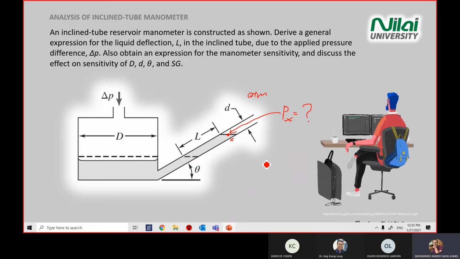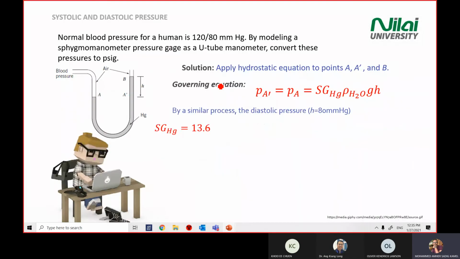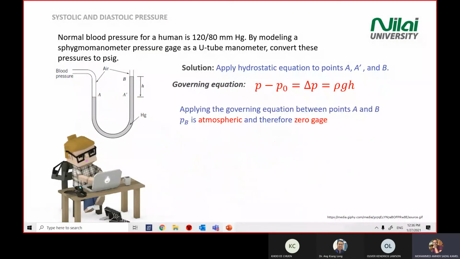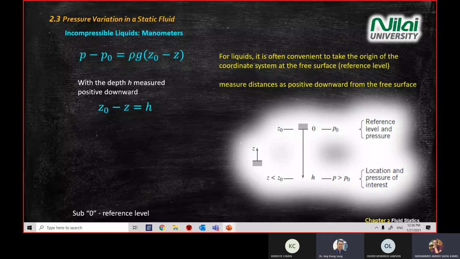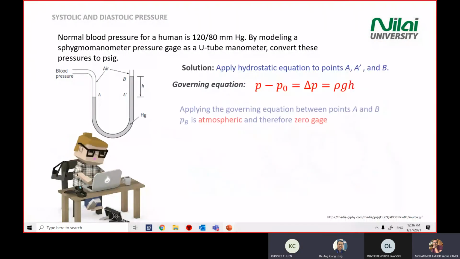So this is not the atmospheric pressure, yeah? Nope. Not sure, sir. You're also not sure. You want me to repeat one more time? Yeah.